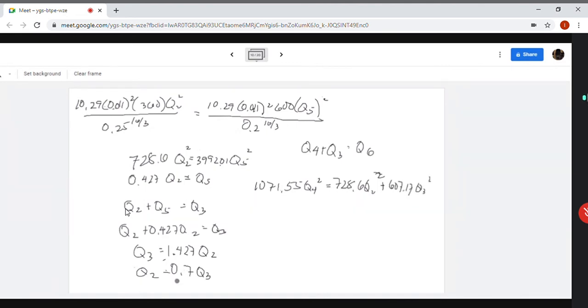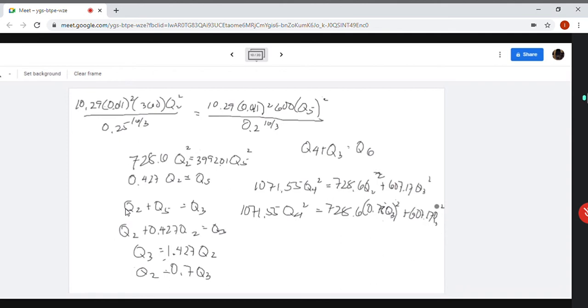Now we substitute: 1071.55 Q4 squared is equal to 728.6 times 0.7 Q3 squared, so we solve.